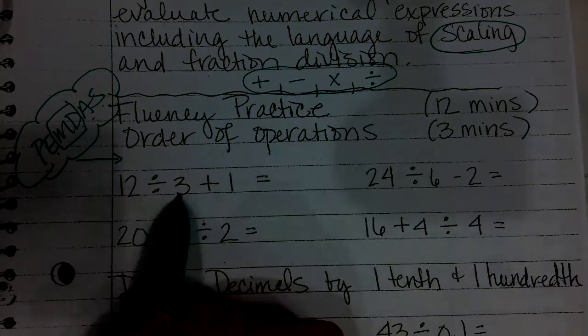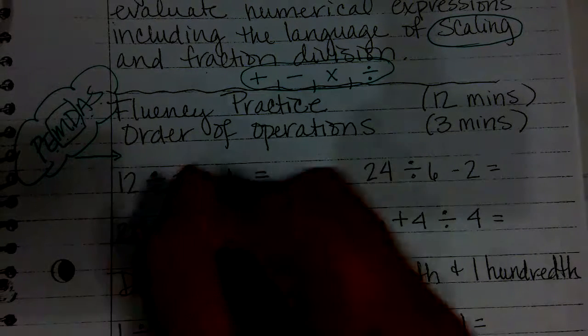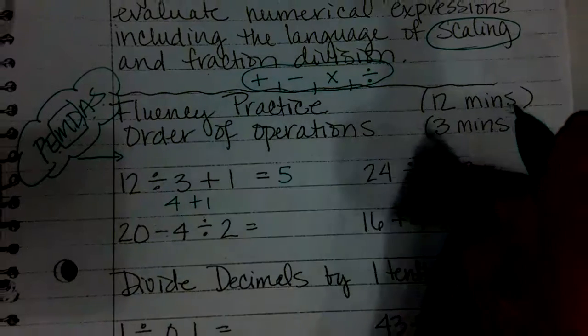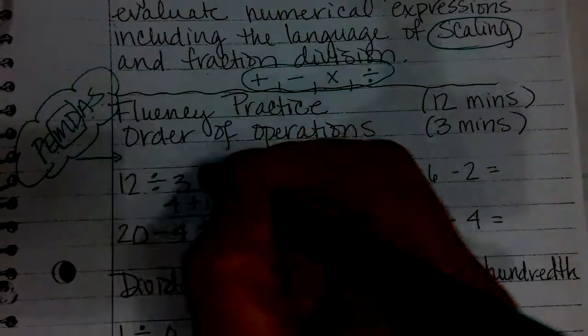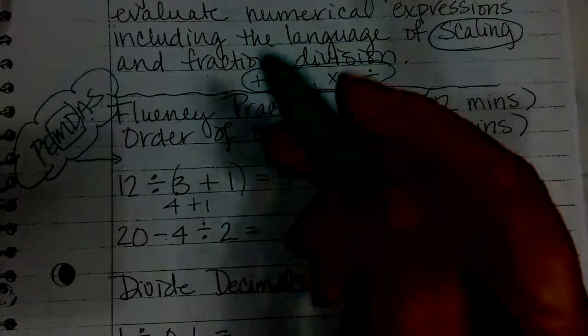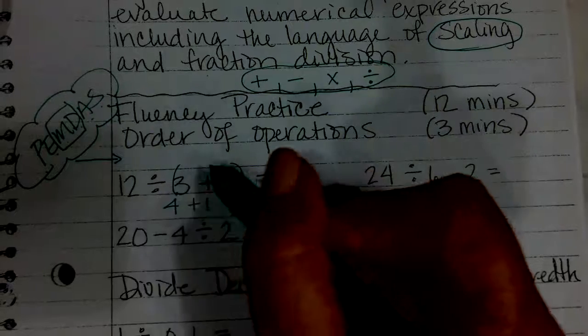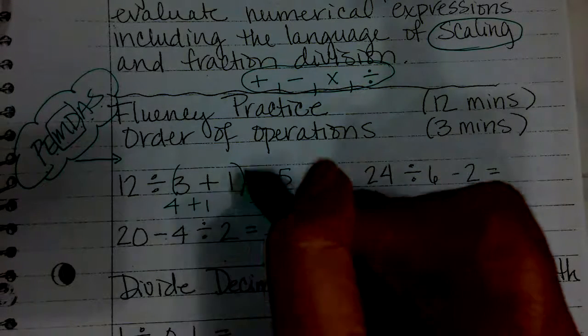What is 12 divided by 3? 12 divided by 3 is 4, right? 4 plus 1 is 5. Now, what if we had added parentheses here, though? So we would have 12 divided by the quantity of 3 plus 1.